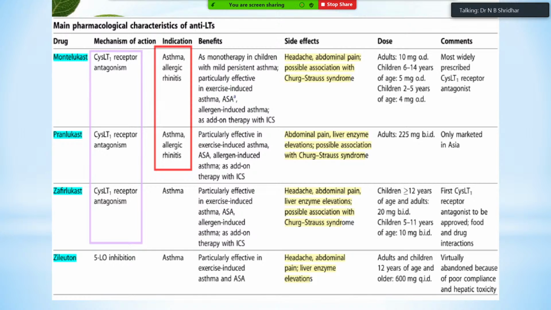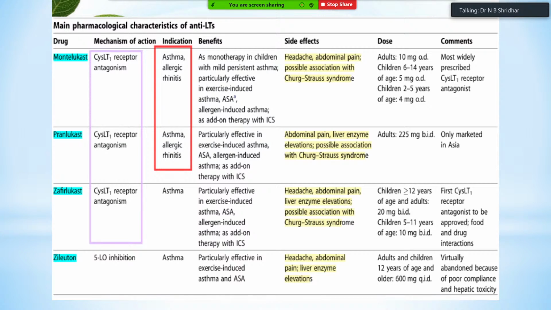And also Zileuton is a different drug. It is a 5-lipoxygenase inhibitor, and is also used in case of asthma, and ultimately the leukotrienes are not formed because of Zileuton, and particularly it's effective in exercise-induced asthma and allergy-induced asthma and many more.